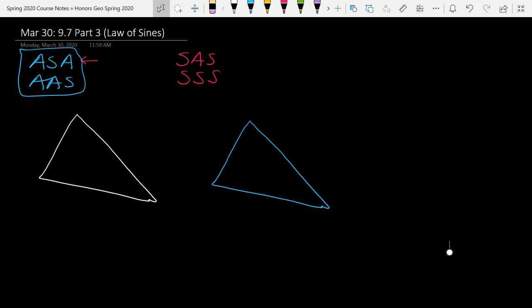So if we have 2 triangles and we happen to know that they both contain angle A that measures the same, they also contain angle B that measures the same, and they both have an included side of length C, we know that these triangles must be congruent. So they must really be the same triangle.